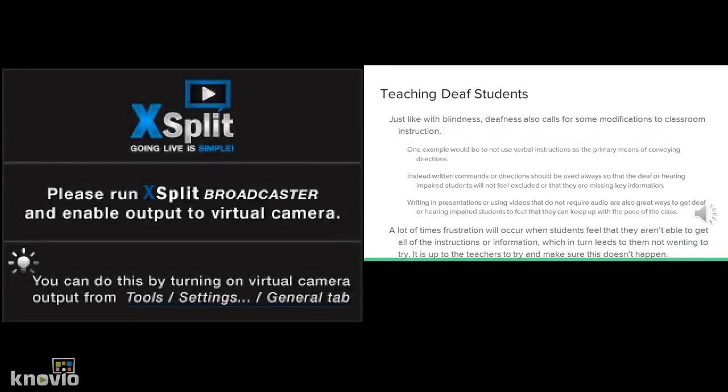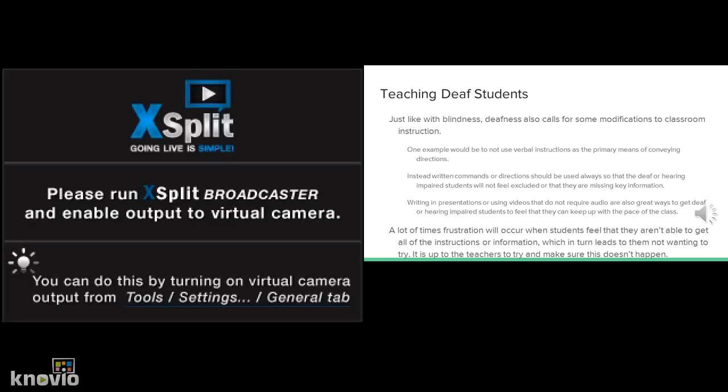So teaching deaf students, or deaf and hearing impaired students, has, similar to blindness, its own set of guidelines and difficulties that need to be addressed and adaptations that need to be made with the curricula and the lessons.